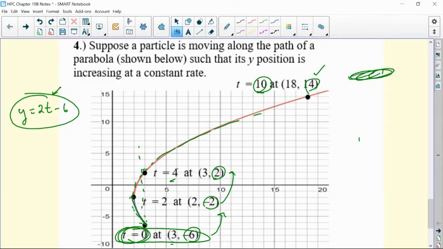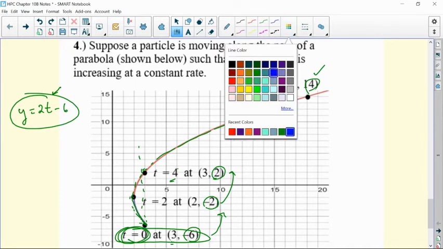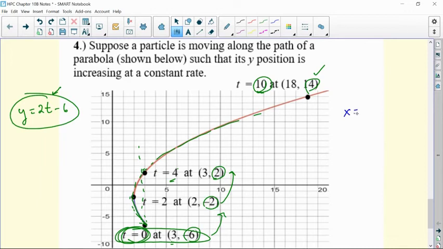Be really careful, because our vertex is going to be x in terms of t. So if I think about vertex form, x equals some coefficient a, t minus h squared plus k. So this is vertex form.